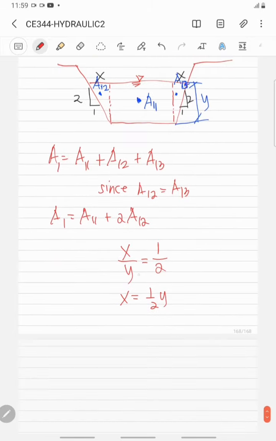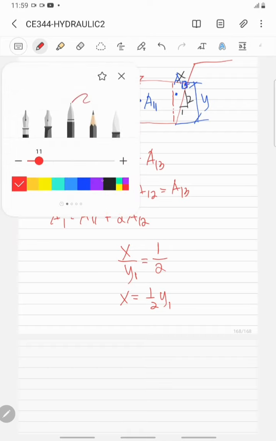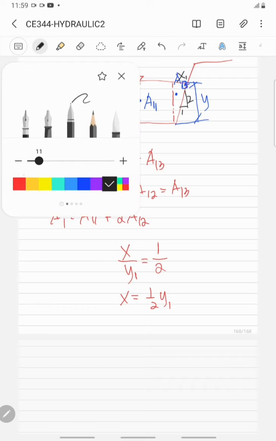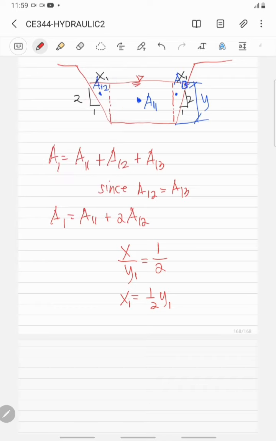If we have y as y1, then we let this be our x1. So our x1 is equal to 1/2 y1.